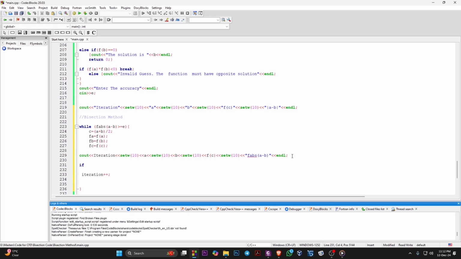If fc is equal to 0, cout the root is c.